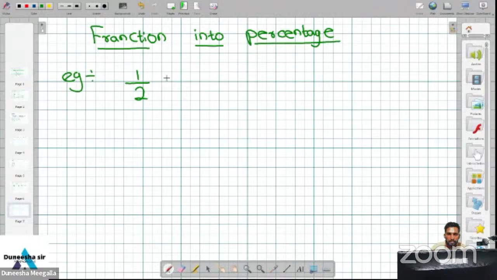You can represent it as a percentage. We have to multiply by 100. How many? When we divide 100 by 2, what is that? 50. Then the answer is 50%.